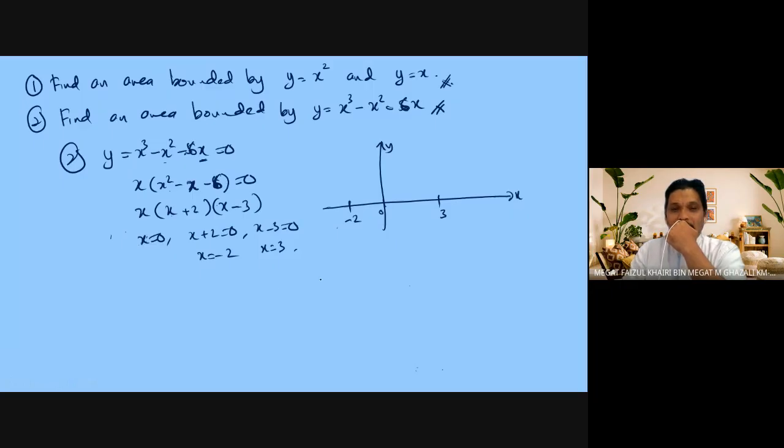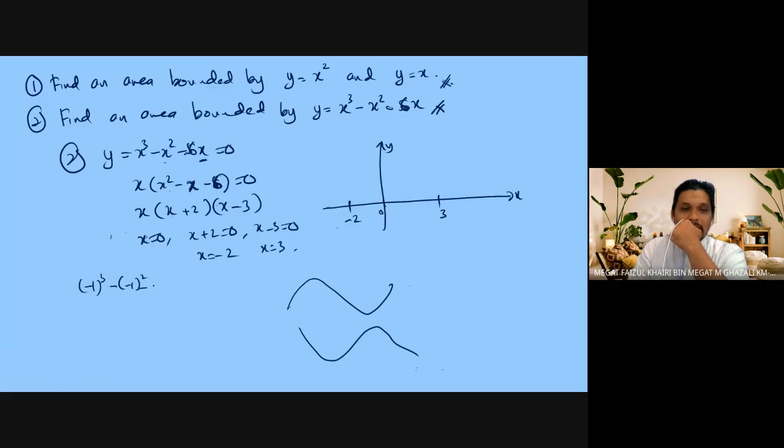Okay, the graph will be something like this or this. Which one? Let's try. Let's say x is between negative 2 and 0, negative 1. So substitute here, negative 1 cubed minus negative 1 squared minus 6 times negative 1.